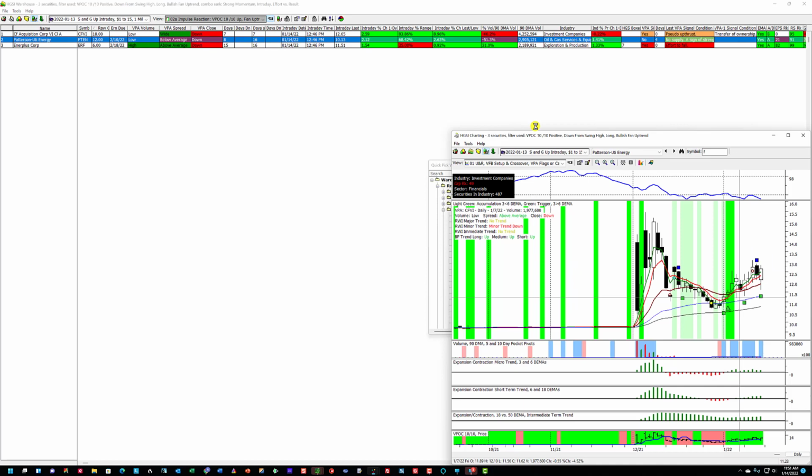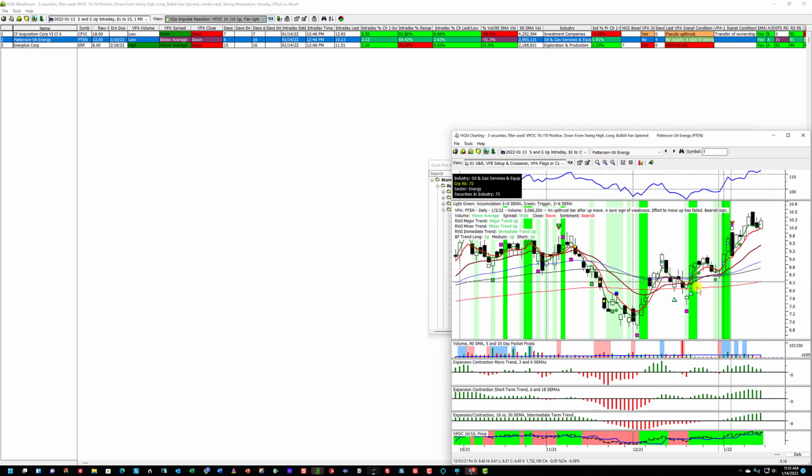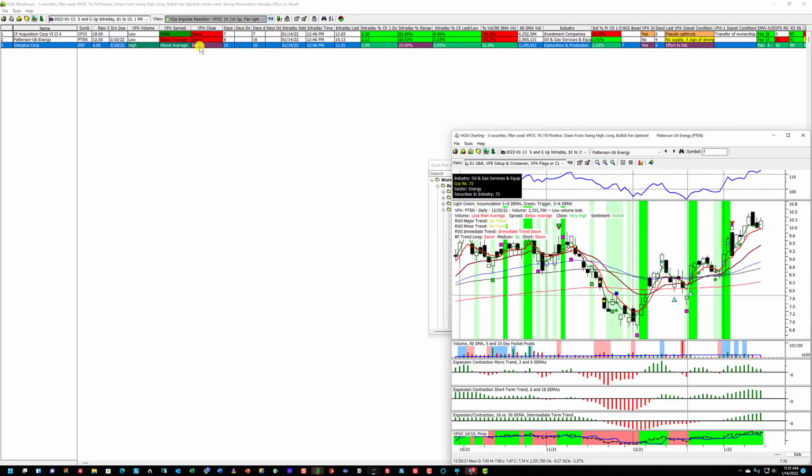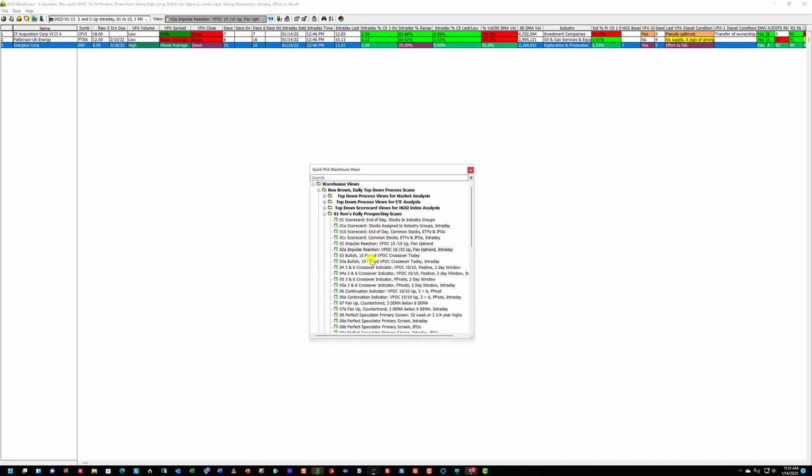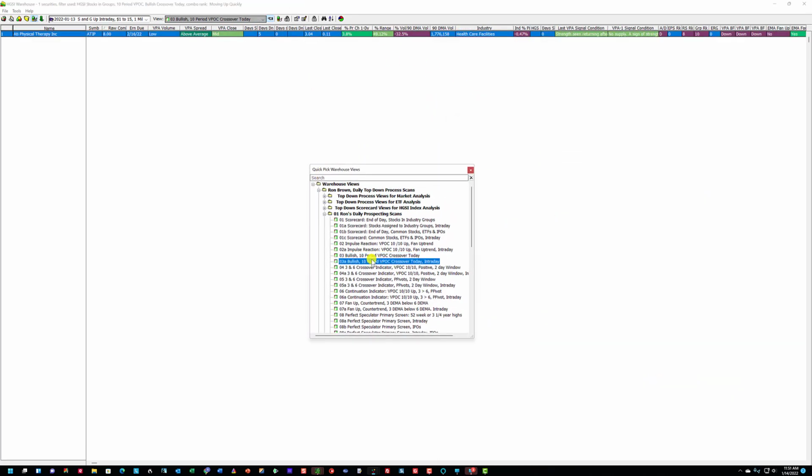Let's look at another one here. See if I can find a better example. Strong stock, pulled back a day or two, and now it's setting up again. That's the purpose of this scan. Okay, let's go on down the list. Bullish crossover today, that ATI Physical.